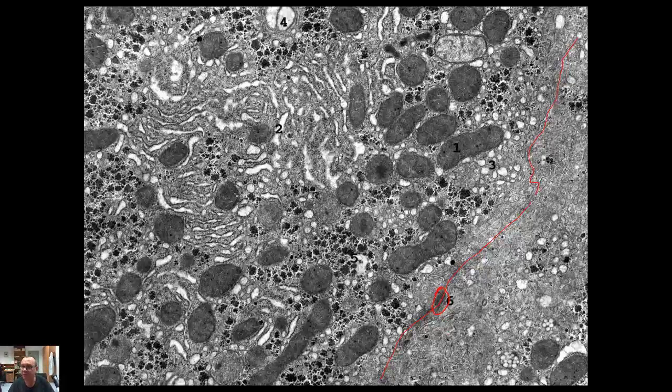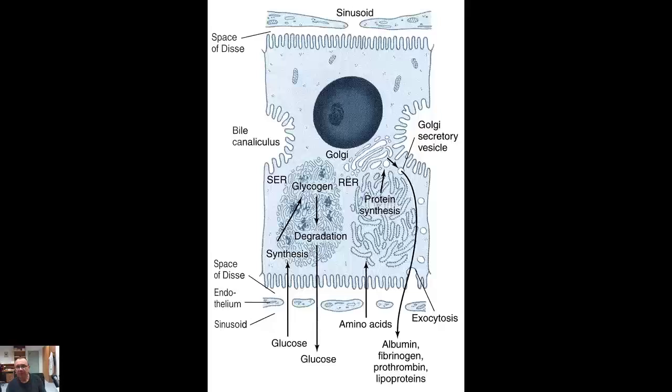As in other epithelium, I recognize mitochondria, I recognize rough endoplasmic reticulum, I can recognize some smooth cisternae of Golgi apparatus, I can recognize glycogen, very highly electron dense clusters, and you can see that there are very many here.